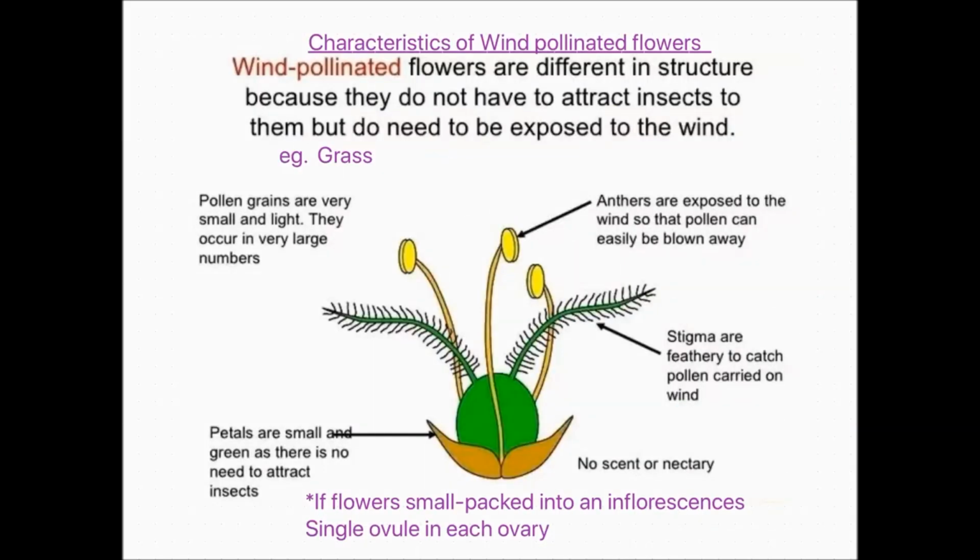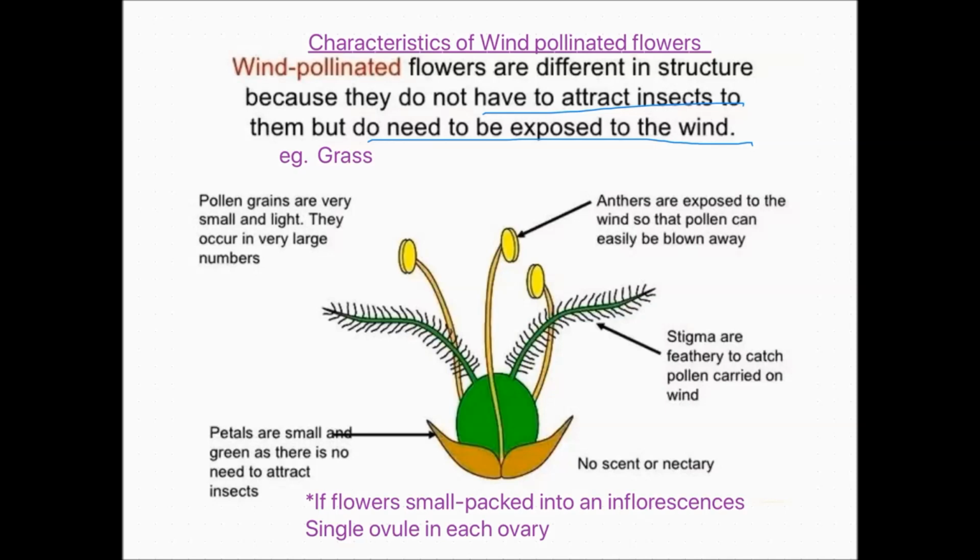Now what are the characteristic features of wind pollinated flowers? Wind pollinated flowers are different in structure because they do not have to attract insects, but they do need to be exposed to the wind. They have to be exposed to the wind so that the pollen can easily be blown away with the wind.